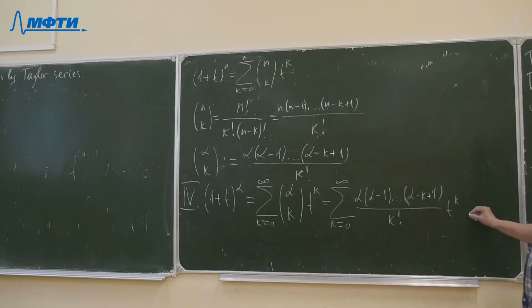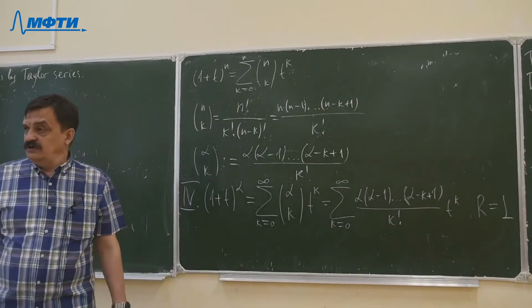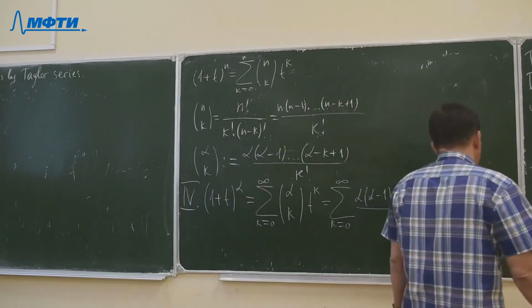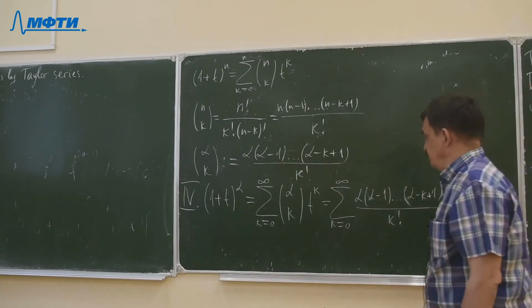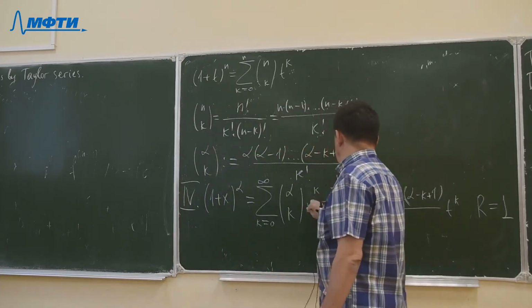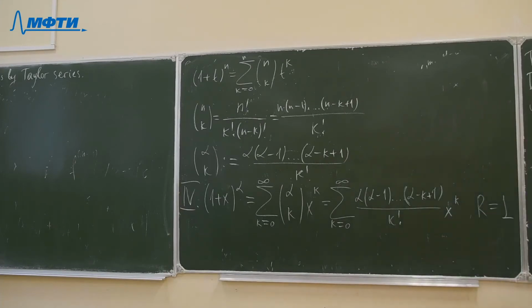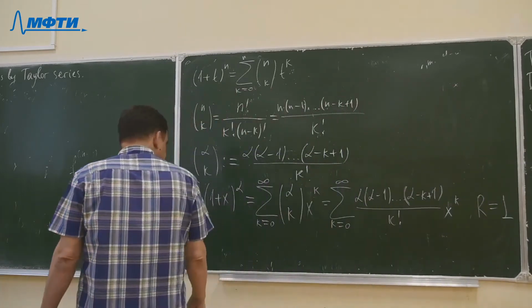The radius of convergence here is equal to 1, so it converges only for absolute value of t less than 1. Okay, why did I write t instead of x? Let me change to x. I will use t for the integration.